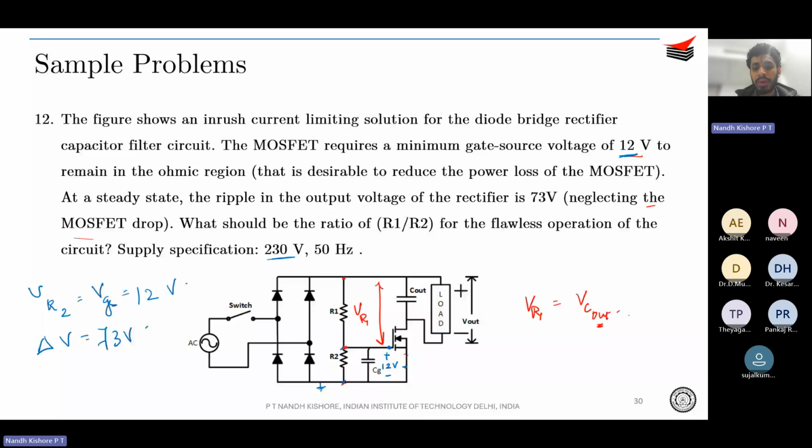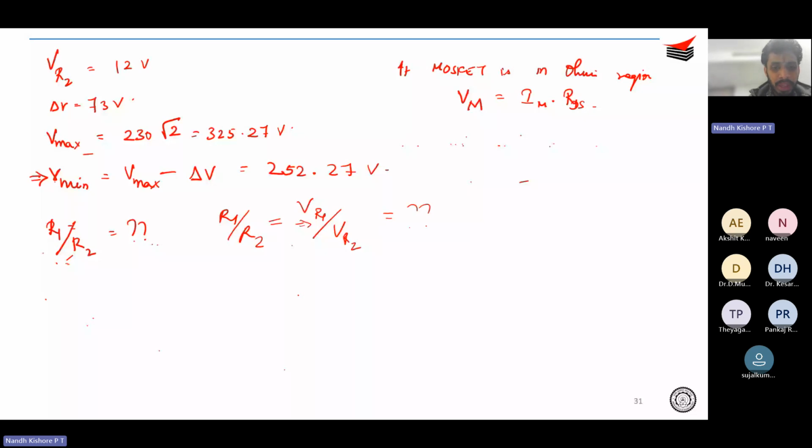So even when VR1 is at V minimum, you want the circuit to operate. V minimum is 252.27 volts. Therefore, VR1 over VR2 will be V min divided by VR2, and VR2 is 12 volts.